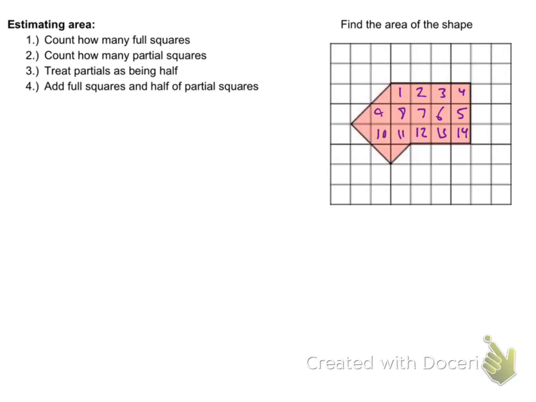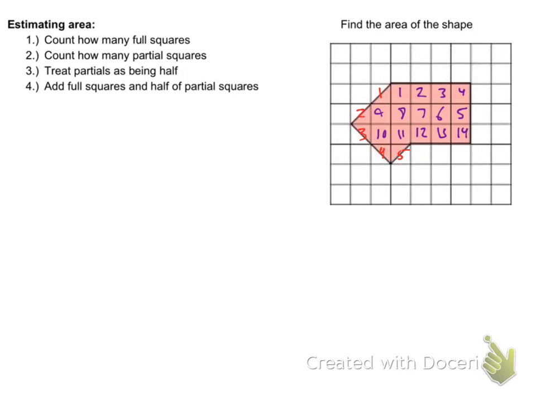The second one says count how many partial squares. So I'll change colors, I'll use red this time. I've got 1, 2, 3, 4, 5. Now, step 3 says treat them as being half each.